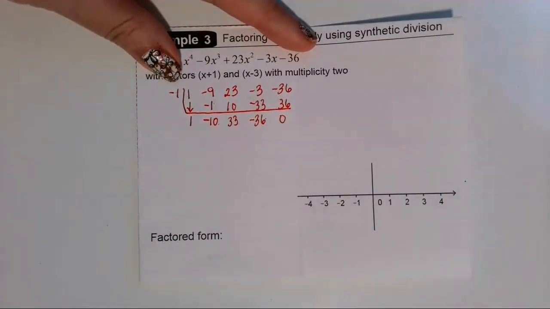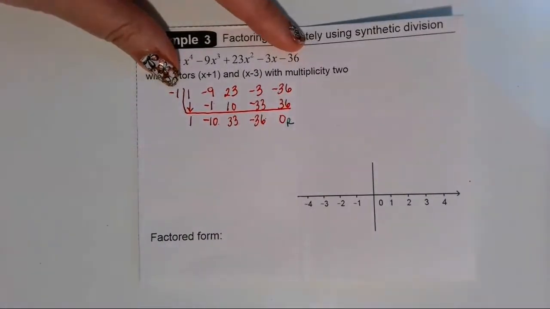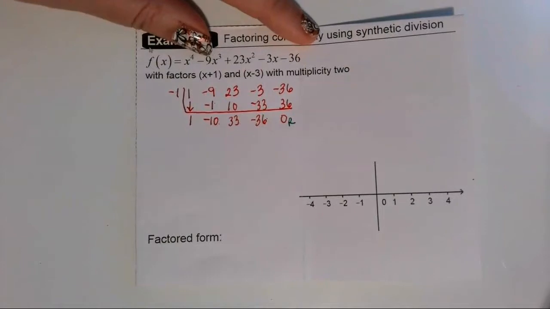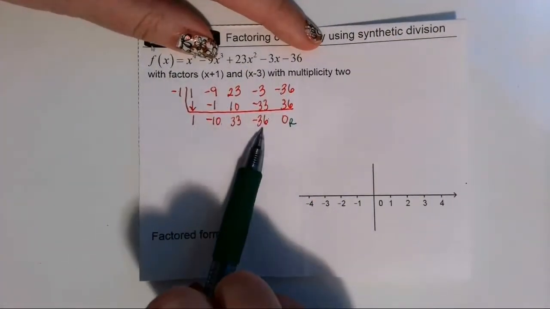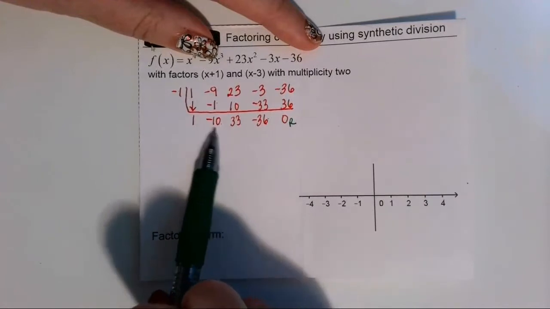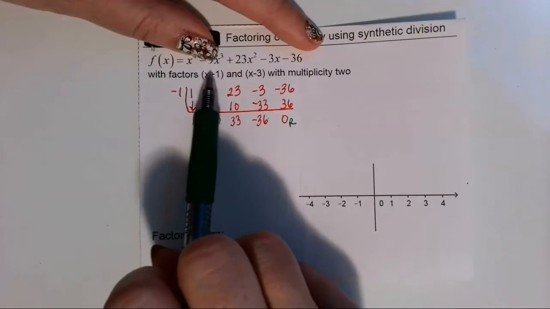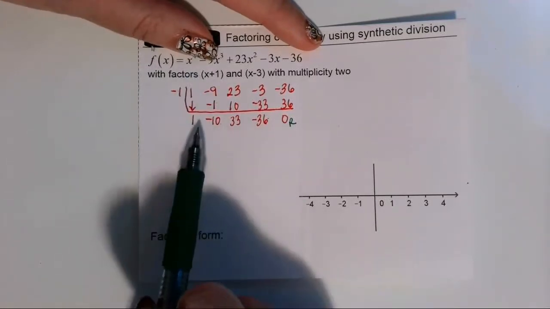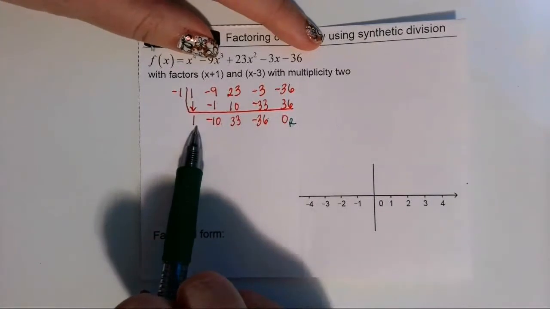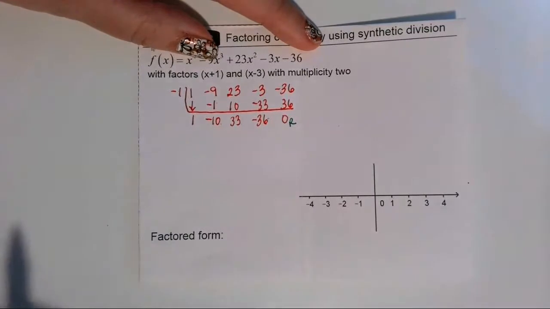And that 0, remember, is the remainder, right? The last term when I get to the end of my synthetic division represents the remainder. Okay, then this would be a constant, linear, quadratic, and cubic term. So if I just were to stop here with the factor of x plus 1, then I would be left with 1x to the third power minus 10x squared plus 33x minus 36.